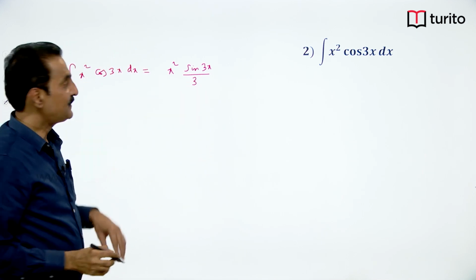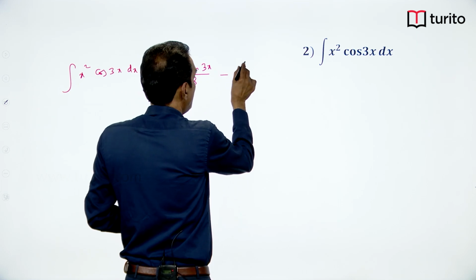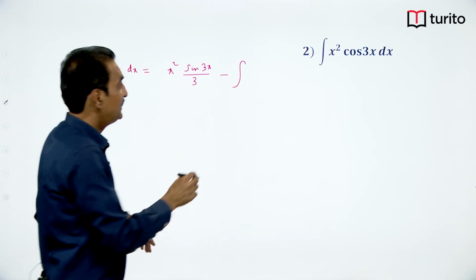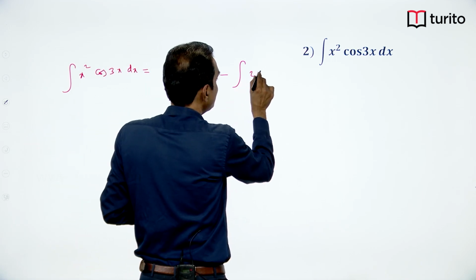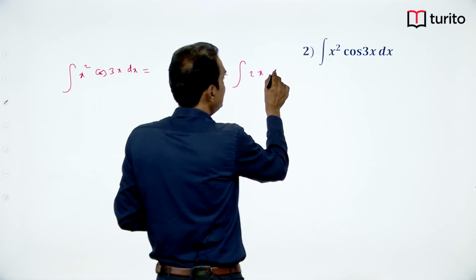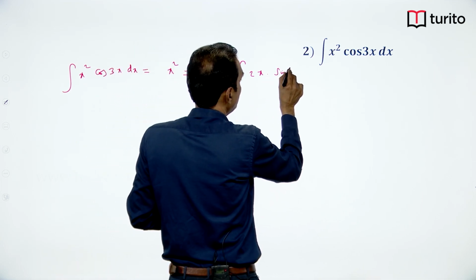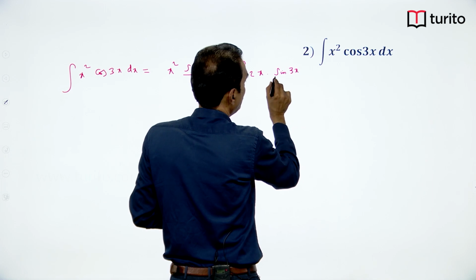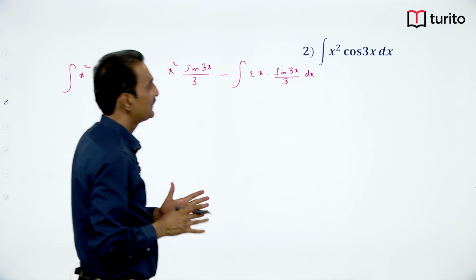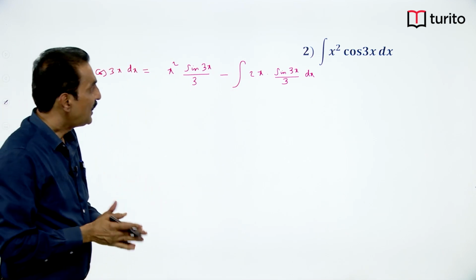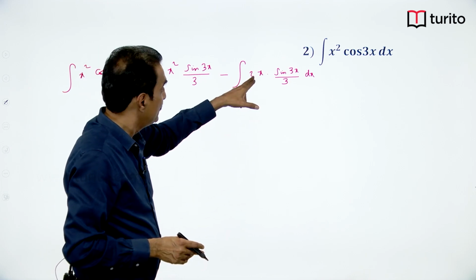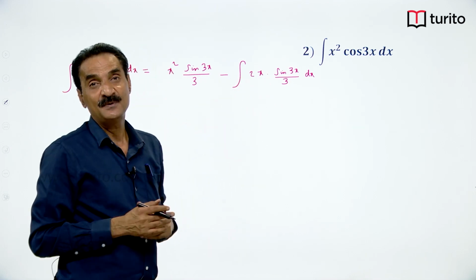First function into integral of the second minus integral derivative of the first function, derivative of x square is 2x into integral of the second function sin 3x by 3, dx. Now, you do not have the integral of this directly. Again, it is a product of two dissimilar functions.